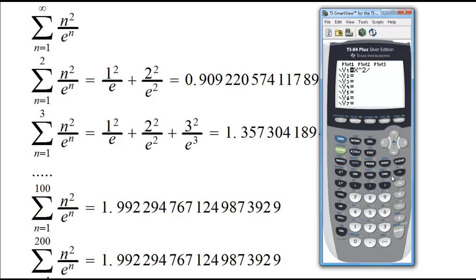I'll edit if I get a chance, but I'm in a hurry, so please forgive me for that. So here we have x squared divided by e, which is the inverse of the natural log, we got it right here. So our expression is entered as y1 here.